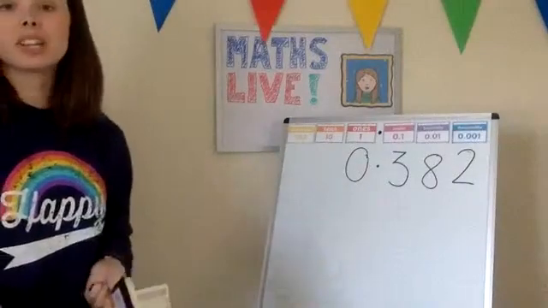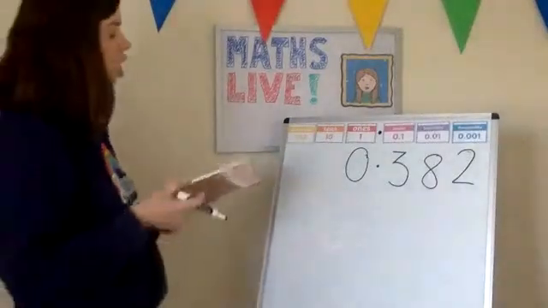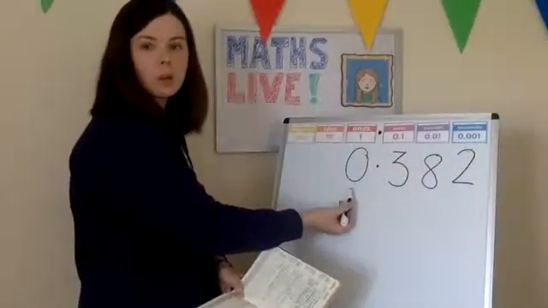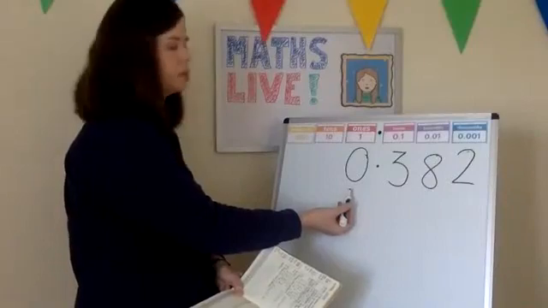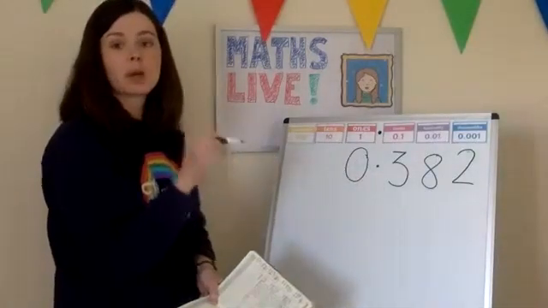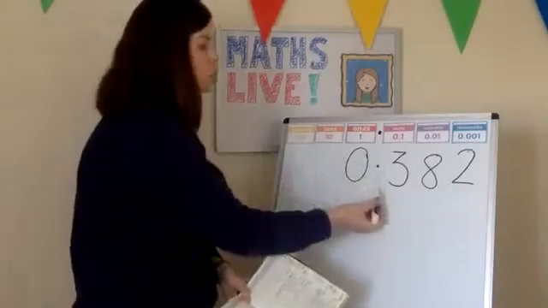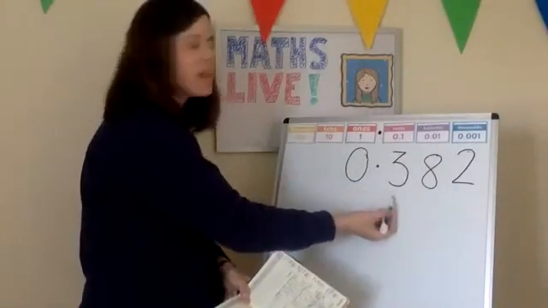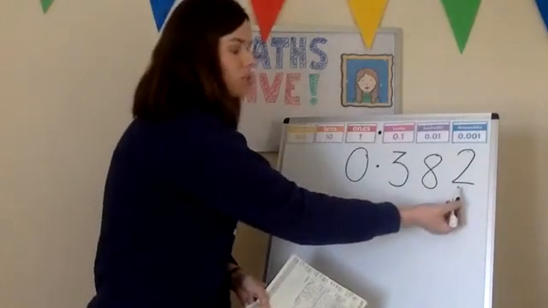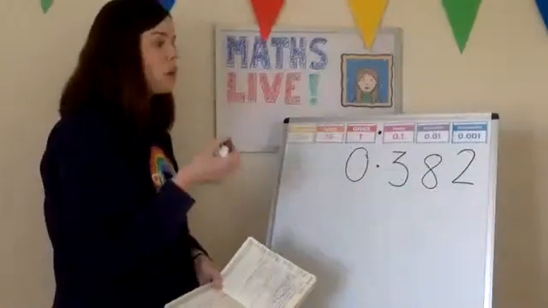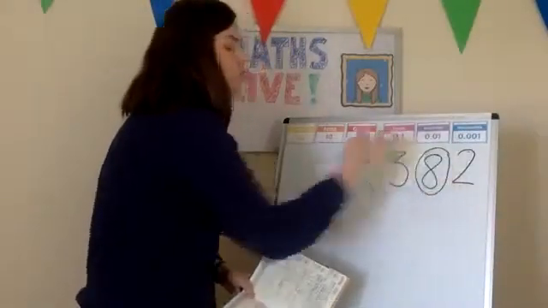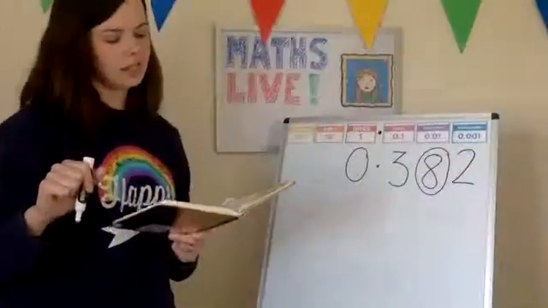The 0 is our ones or units; we don't have any of those. Then we've got our decimal point. And remember, when we go into decimals, we don't have ones or units. We jump straight to the tenths, then the hundredths, and then the thousandths. So the hundredths is the 8. If you circled the 8, fantastic.